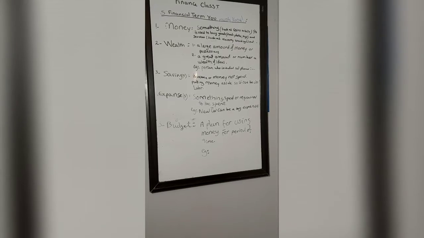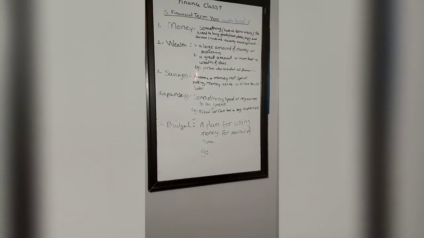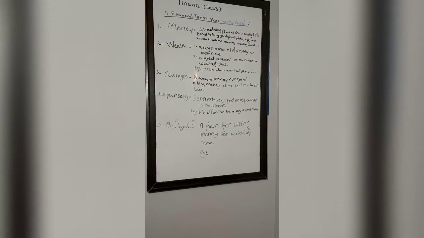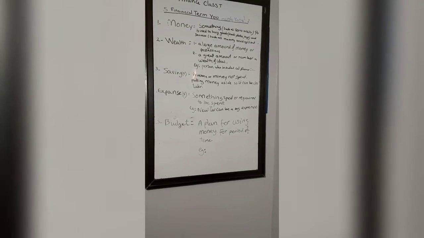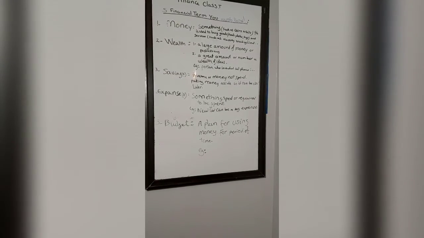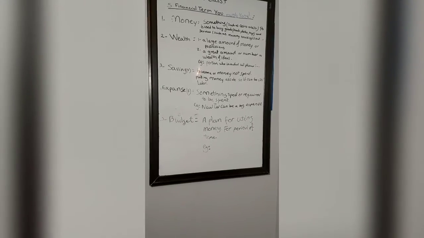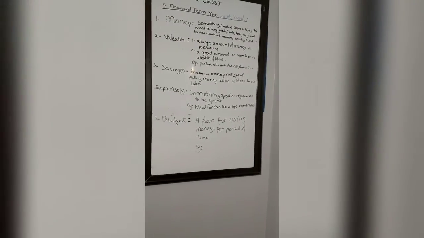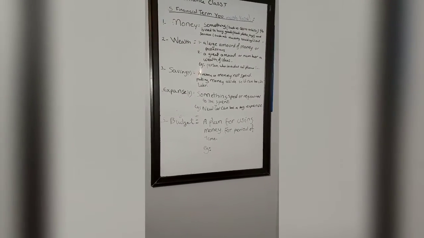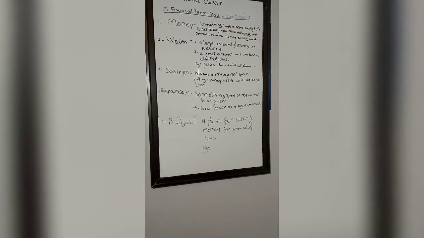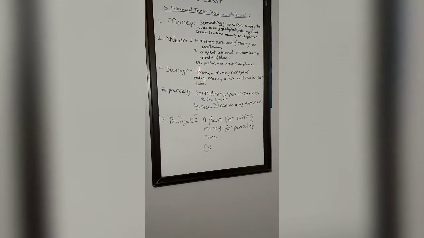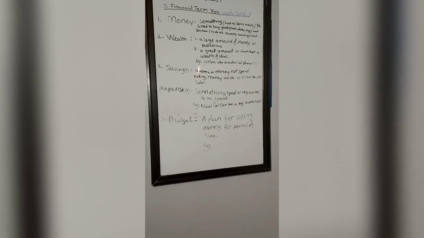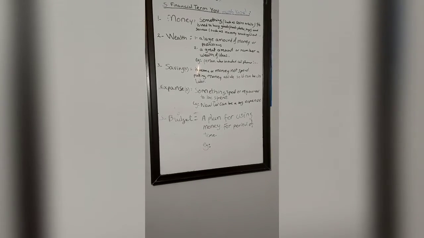Give me an example of a house bill. Electricity. Electricity is an expense. That's right. What else? Water. Water, yes. But what else do we use every day in this house that could be an expense? Food. That's right. Food is a very big expense right now because people are mostly eating at home.